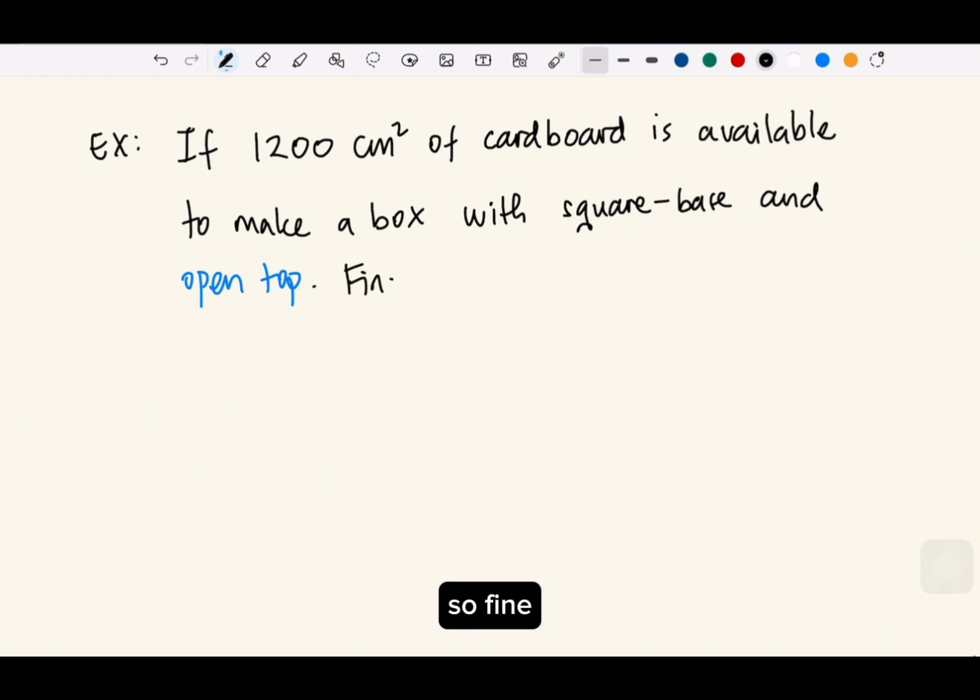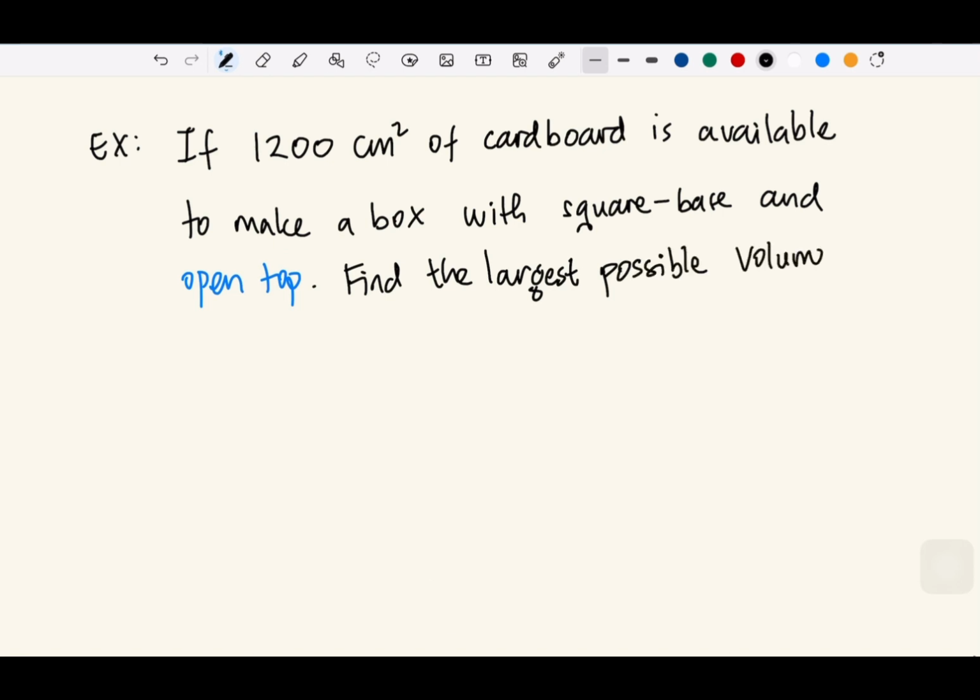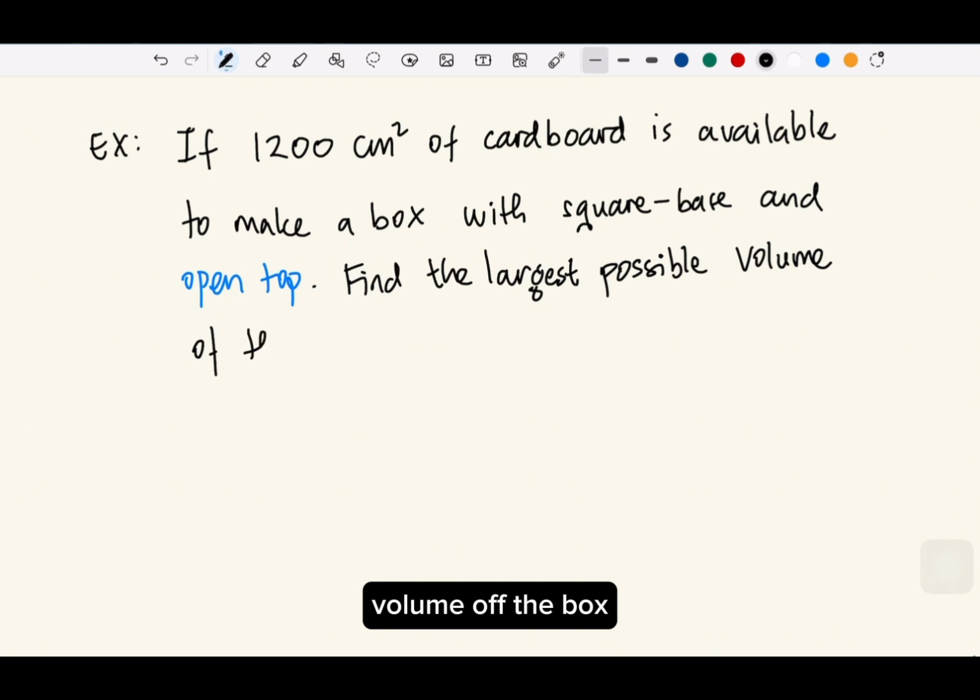So find the largest possible volume of the box.